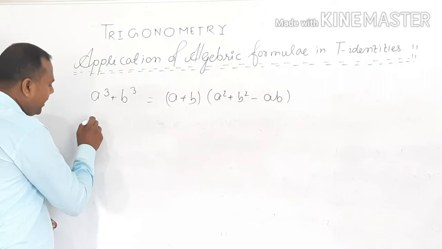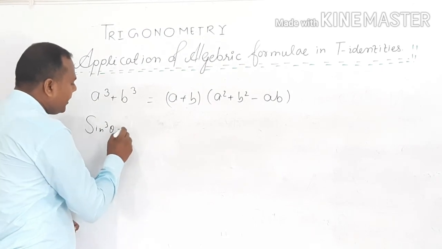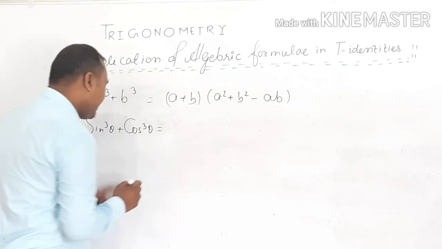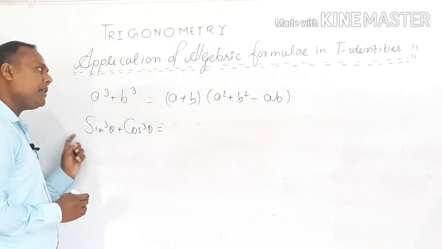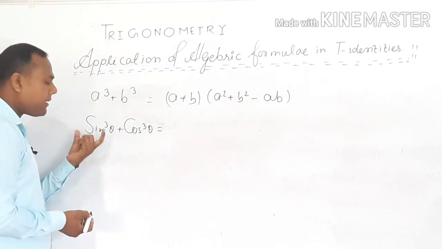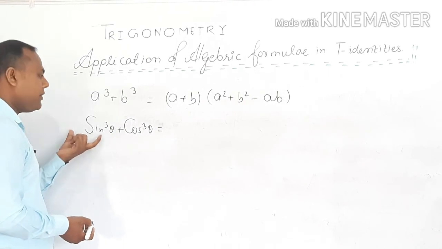That's why, if we have sin³θ + cos³θ, then how can we write it in factorial form? Firstly, sin³θ means sin θ is the first term.